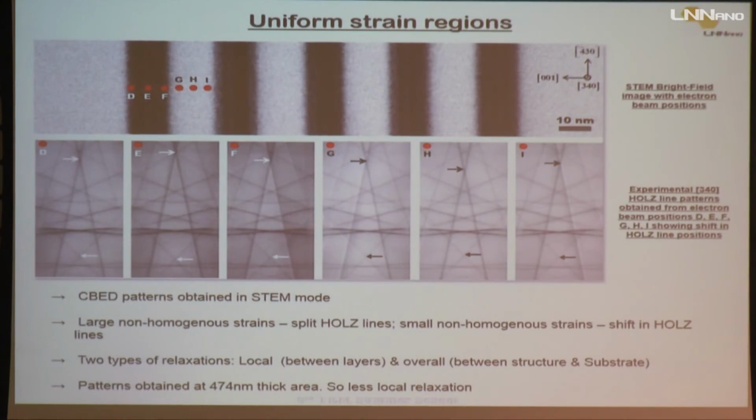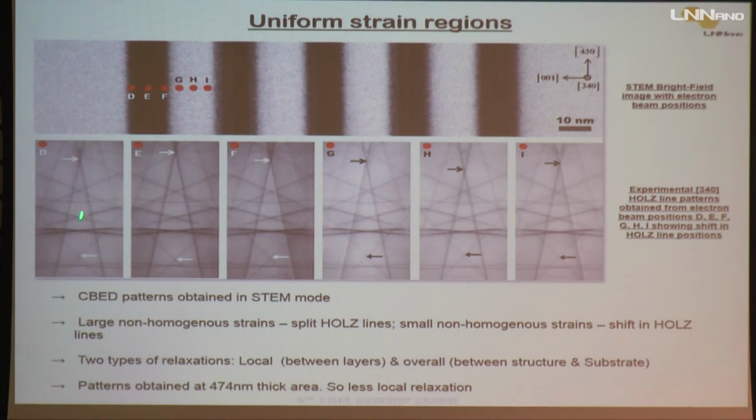Next, as we scan the electron beam inside the SLS structure, we are operating the machine in scanning TEM mode, and we take CBD patterns at a center inside the SLS structure. Here the phenomenon is a little bit different. In the earlier case, when scanning outside the SLS structure, the Holsteins were splitting.